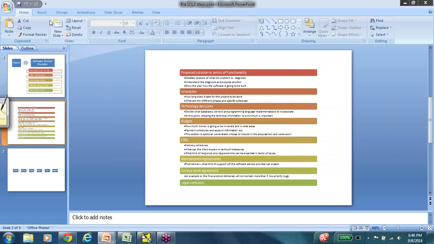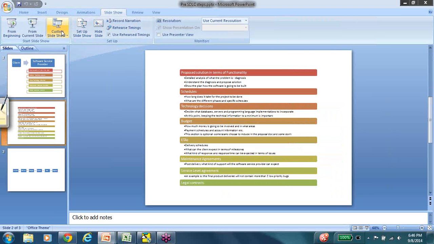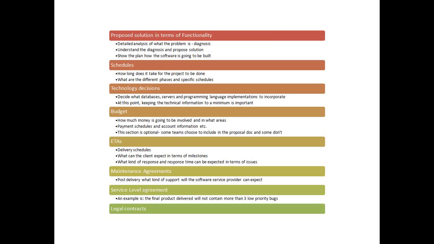Following which, each software service provider will prepare what is called a proposal document, and the proposal will have all this information. It will have the solution, schedules, technology details, budget, ETAs, and maintenance agreements. All kinds of agreements and legal contracts will be a part of this proposal document.